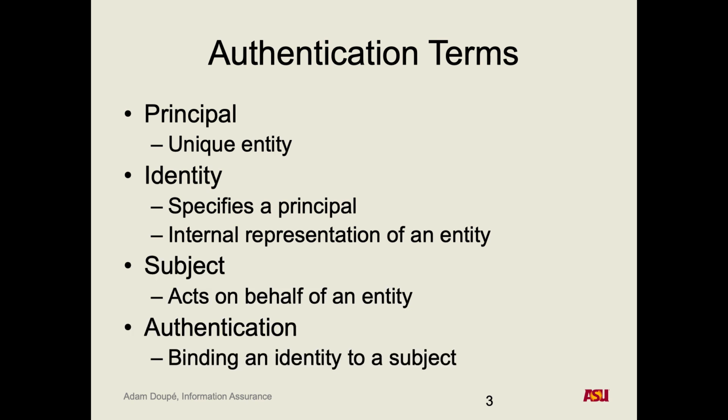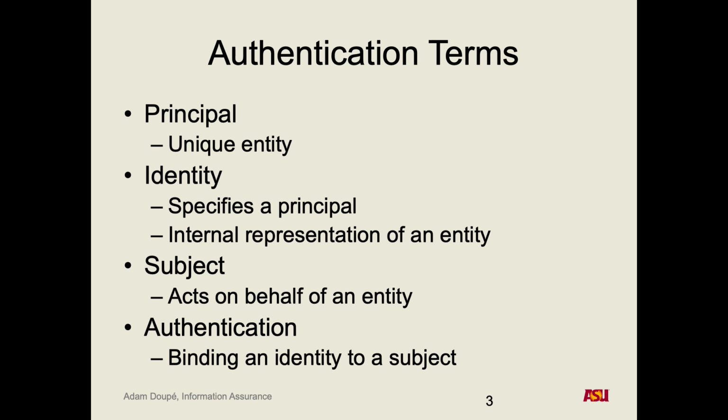Okay, and we can have some kind of subject that acts on the system on behalf of the entity. We'll see more clearly how this works. The key thing we're talking about here is authentication essentially binds an identity to a subject, right? So the subject here would be the user, acting like your browser.